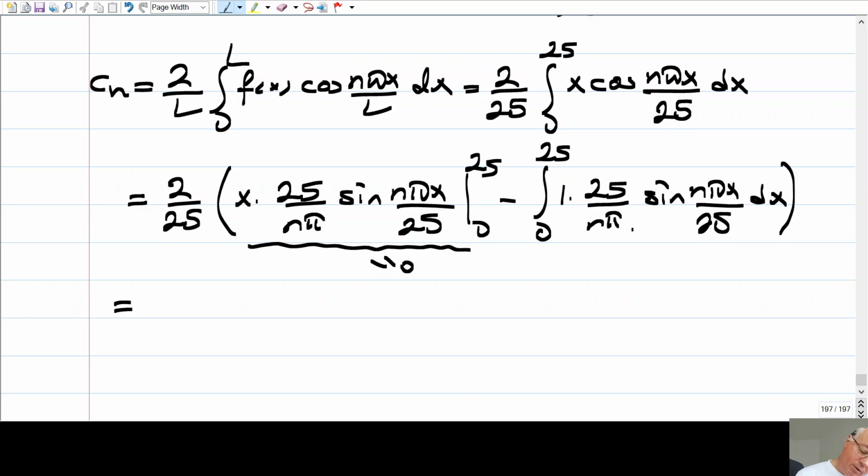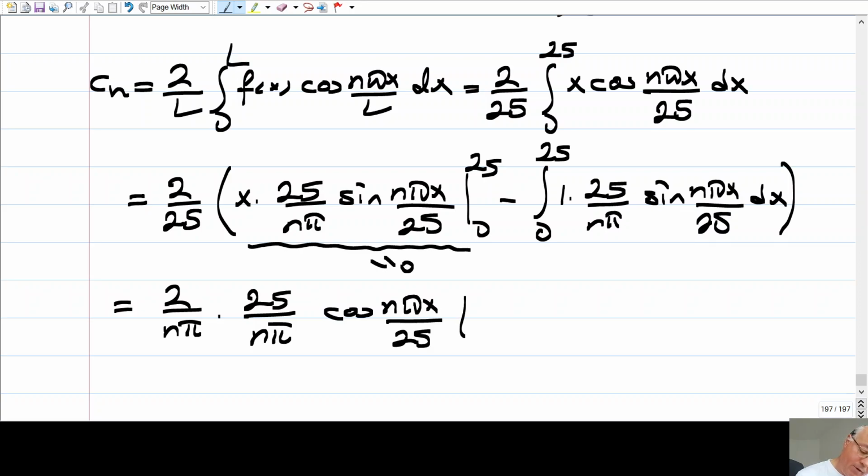What about this one? The 25s cancel. I have 2 over n pi, and a minus sign. The integral of sine gives another minus, and I have also an extra 25 over n pi here. Cosine n pi x over 25 evaluated at 0 and 25.